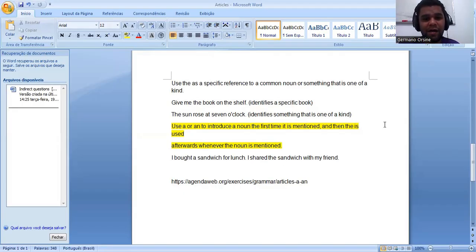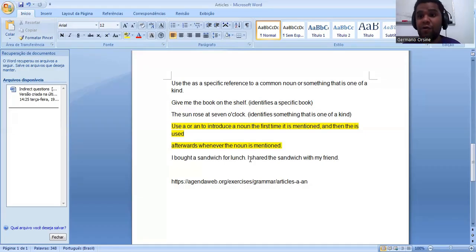So we can use a or an, the indefinite articles, to introduce a noun the first time it is mentioned. And after that, we can start using the definite article, the, because we already have information about it. It has already been mentioned. Let's take a look at this example right here. I bought a sandwich for lunch. The sandwich is being mentioned for the first time, so that's why we are using the indefinite article a.